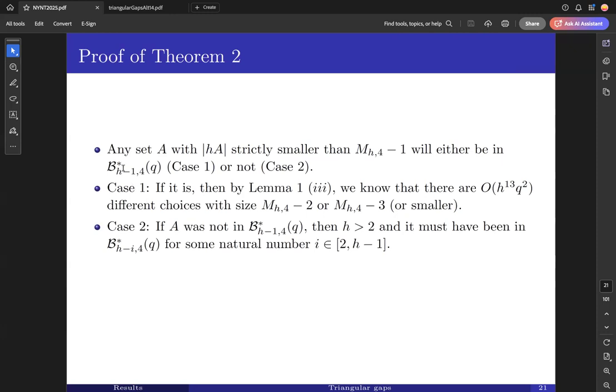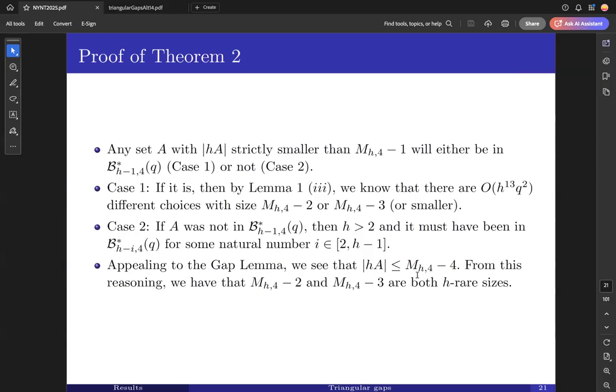Now, if it was not a B sub h minus 1 star, well then for some h bigger than 2, it must have been in B sub h minus i star somewhere. So if it was not a B sub h minus 1 set to begin with, then it must have been a B sub h minus something else set. And from the gap lemma, we know that it can be no bigger than the max minus 4.